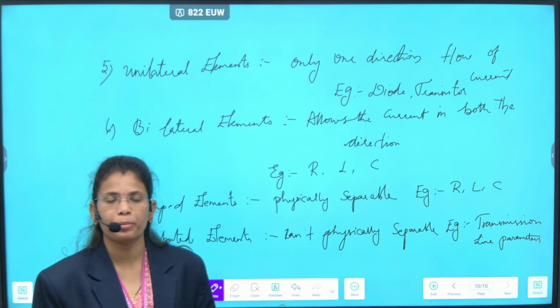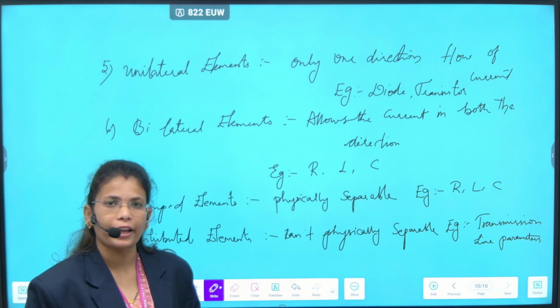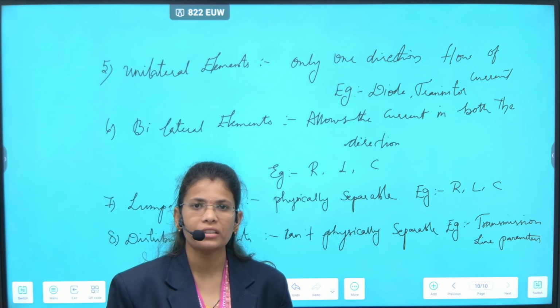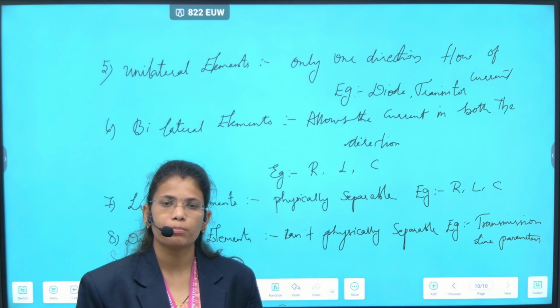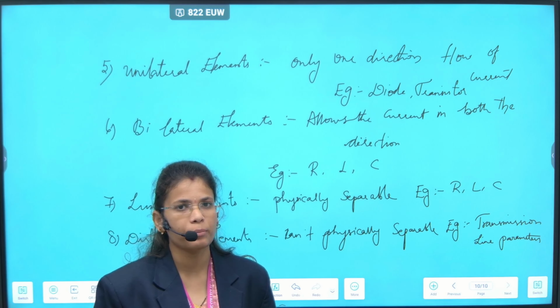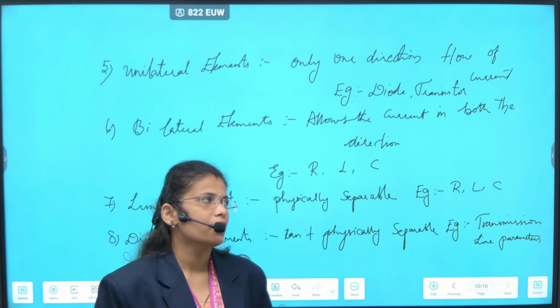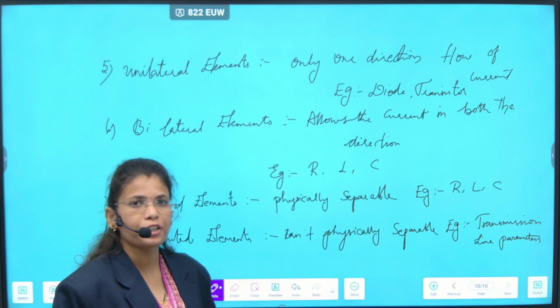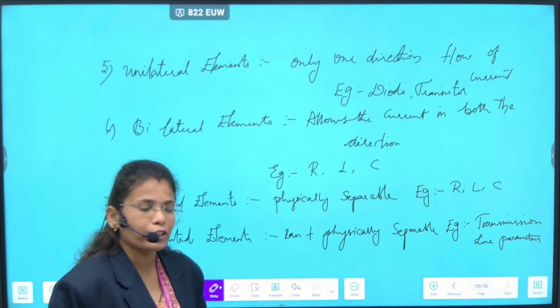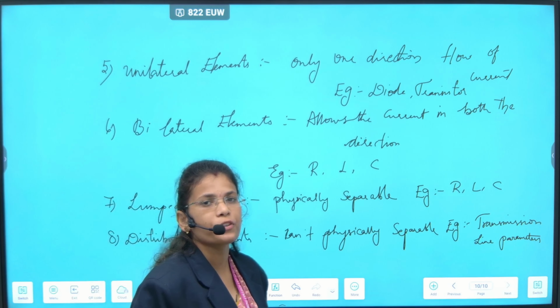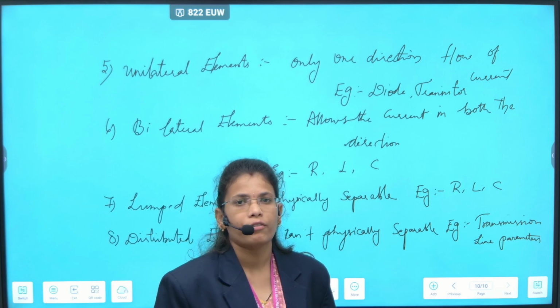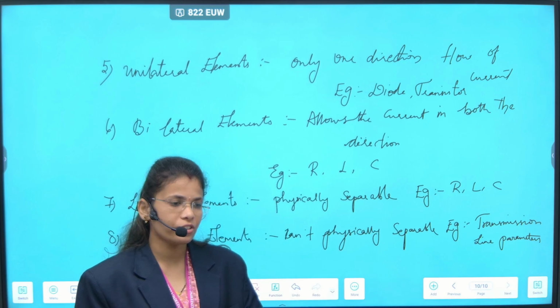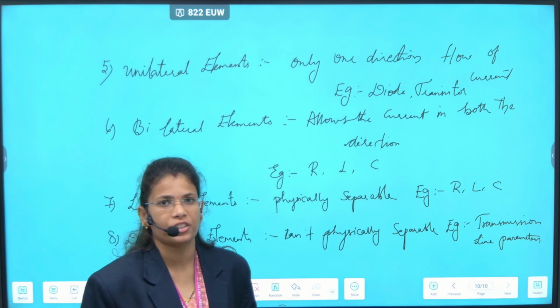Basic network elements are 8 types. They are active elements, passive elements, unilateral elements, bilateral elements, linear elements and non-linear elements, lumped elements and distributed elements. Active elements are the elements which supply the energy, whereas passive elements consume the energy.